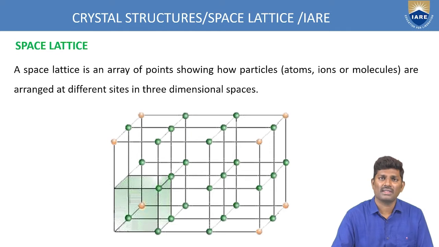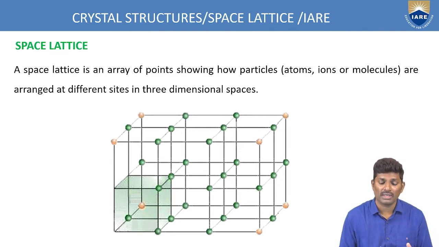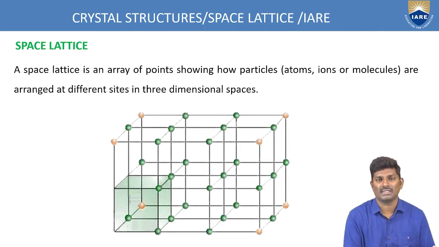And coming to the other thing, the space lattice. A space lattice is an array of points showing how particles, that is, atoms, ions or molecules, are arranged at different sites in three dimensions.